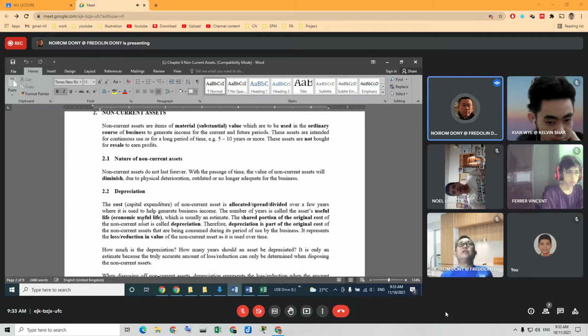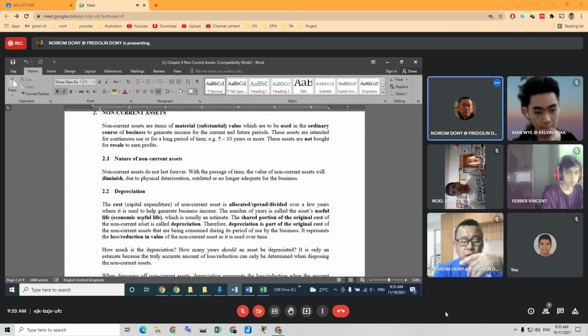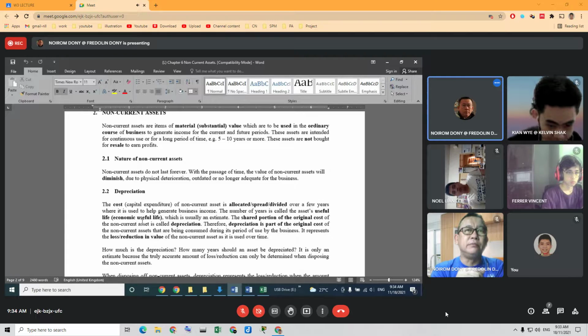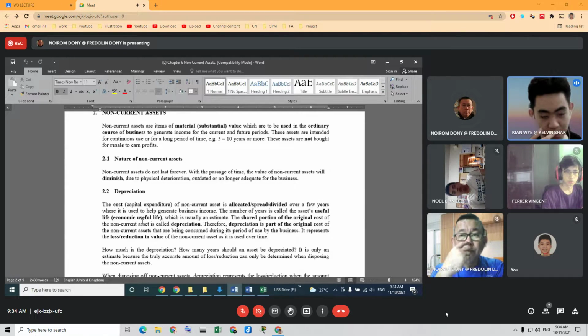Inflation is like the depreciation concept, but that is for money. This one is for non-current assets. So like a machine becomes less efficient over time. Yeah, that is depreciation.